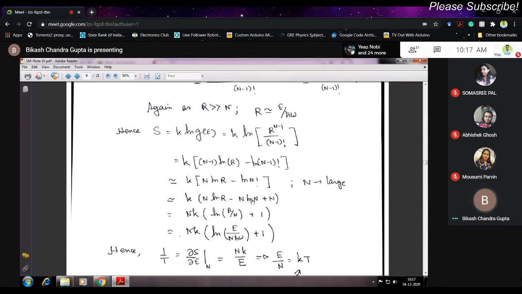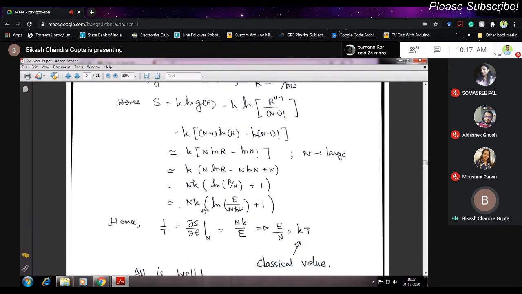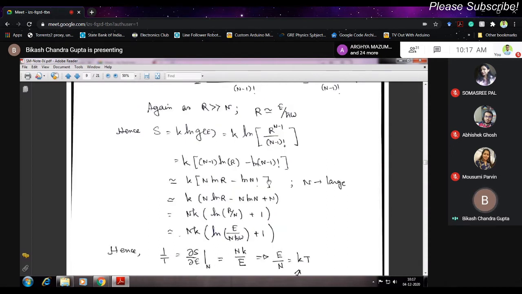Then if you take these two together, n ln of r by n plus 1, and therefore nk ln of e by n h cut omega plus 1, where you have taken r as e by h cut omega.